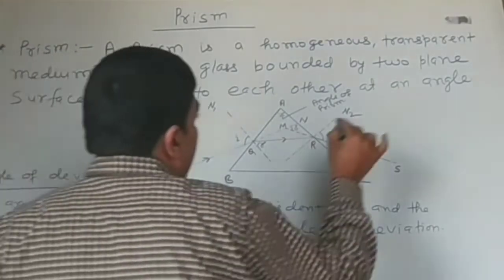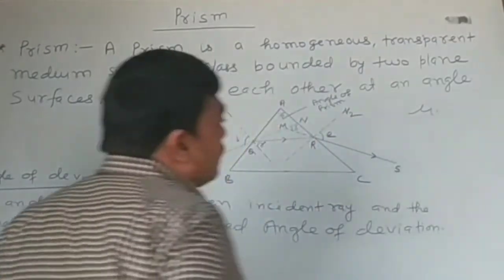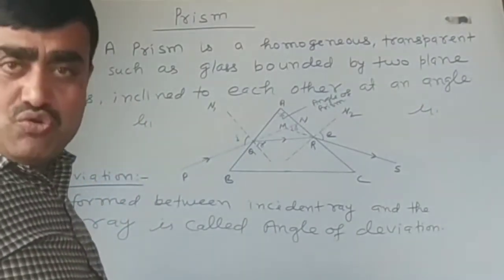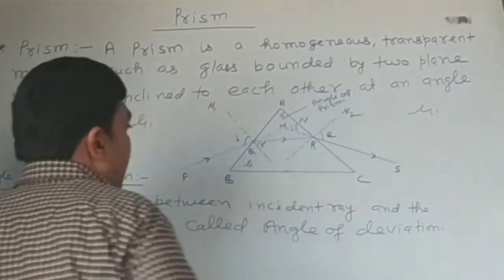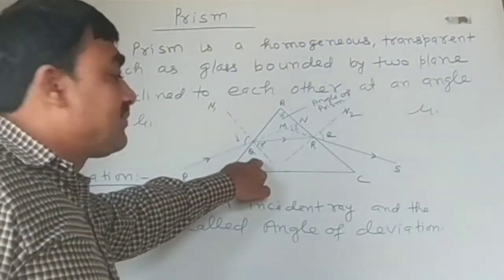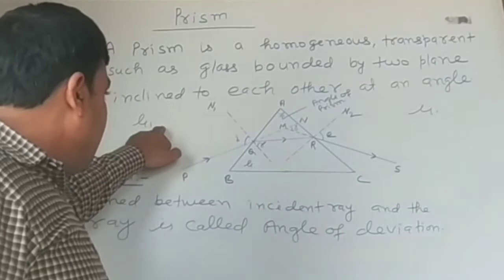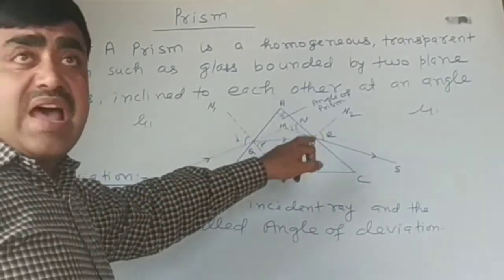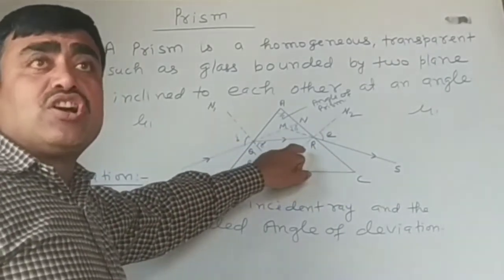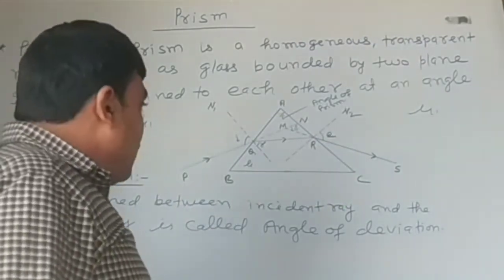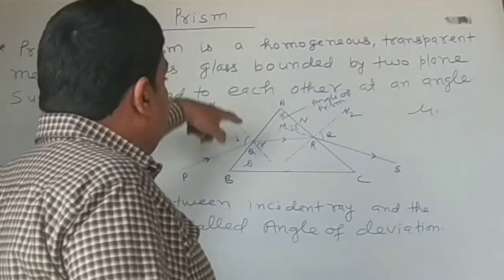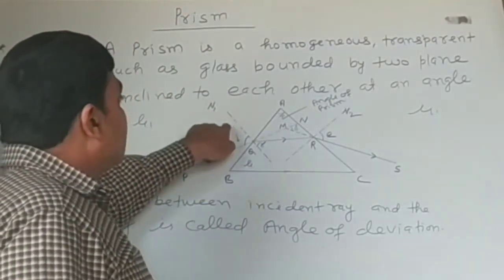The refractive index of the air is mu1 and the refractive index of the glass is mu. Air is rarer than the prism because it is made of glass. Okay? Then it bends towards the normal.